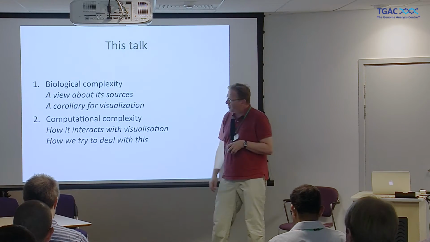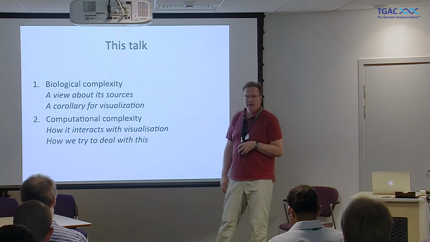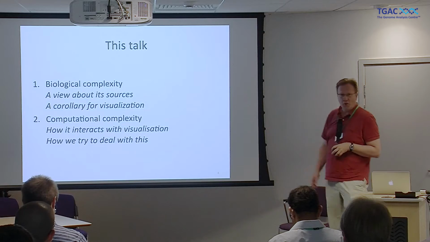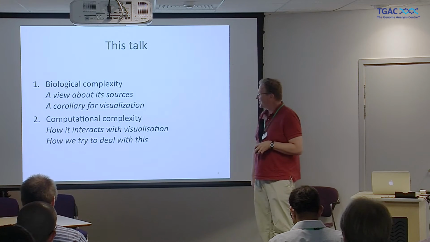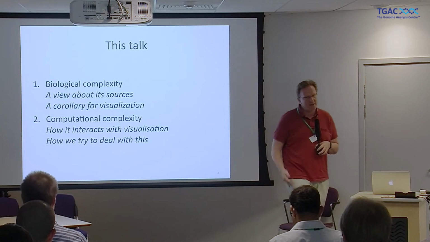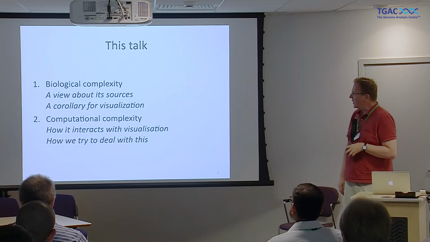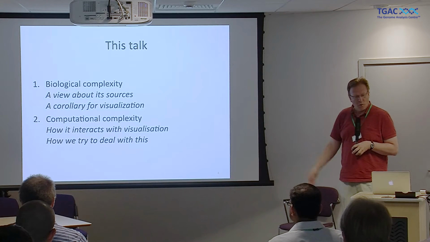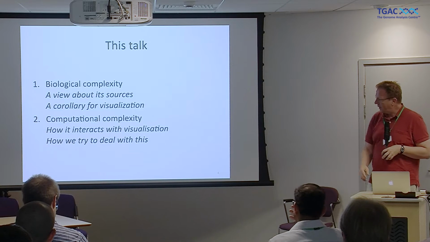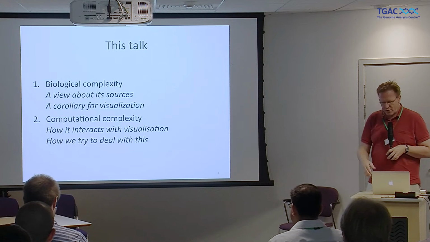And then talk a little bit about computational complexity and what it has to do with visualization for us in different ways, and how we try to deal with this. So the first part is going to be a little bit more fundamental and maybe adds a new perspective, and the second part is going to contain some of our current work that has to do with computational complexity, and provides an example of how we connect visualization and computational complexity.